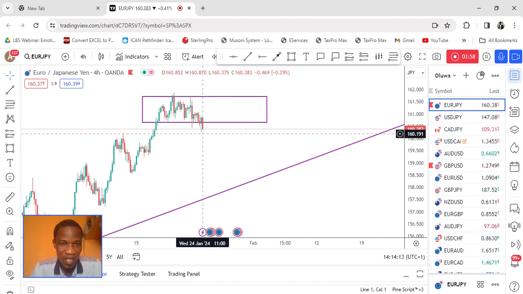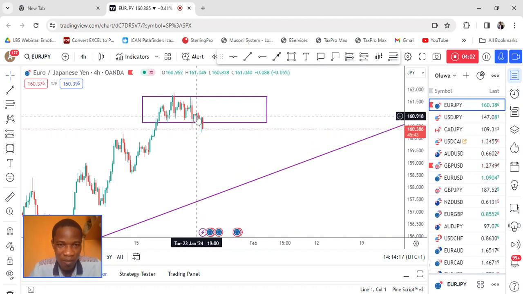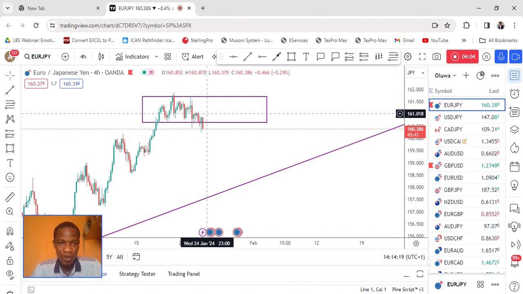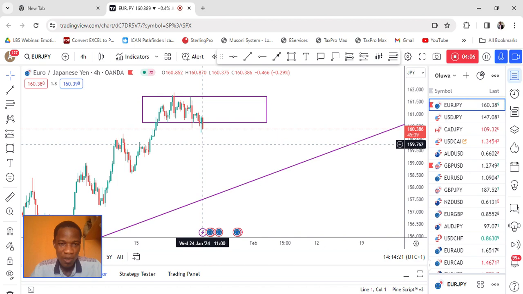We can also see that there was a breakout down here, and the market reversed back into this particular range. So this present candlestick cannot give us assurance that it's a breakout until the candlestick closes.